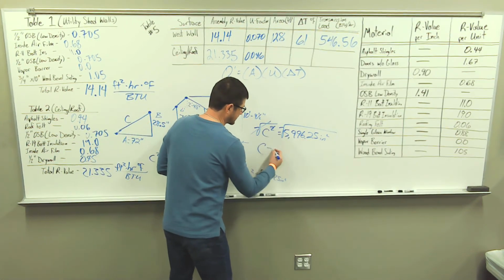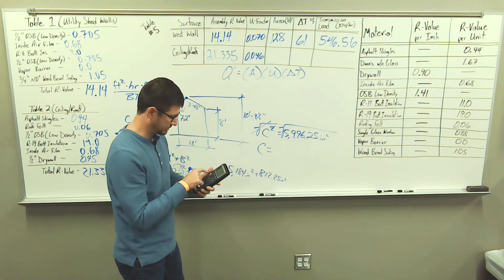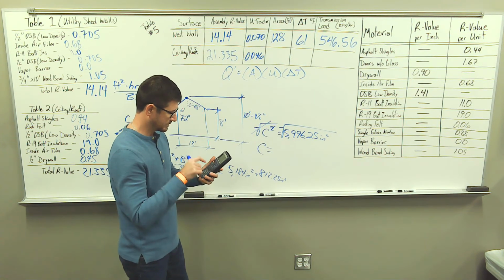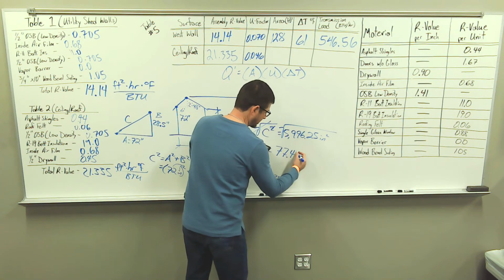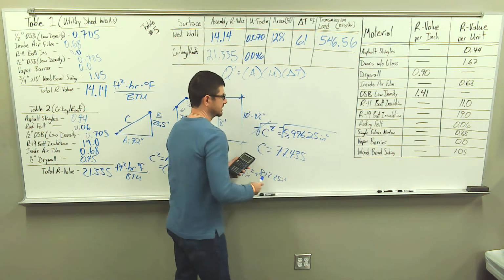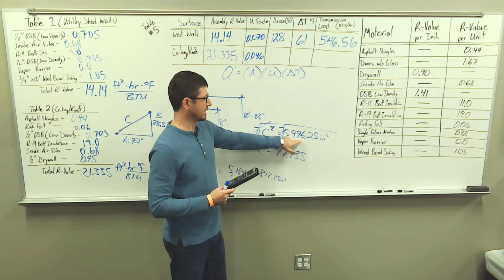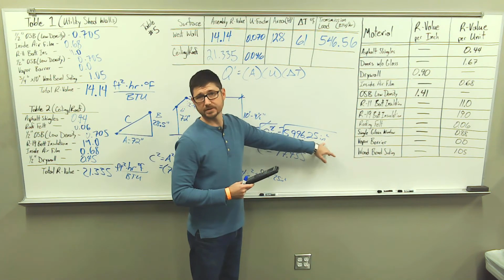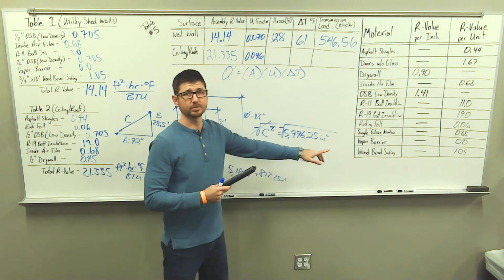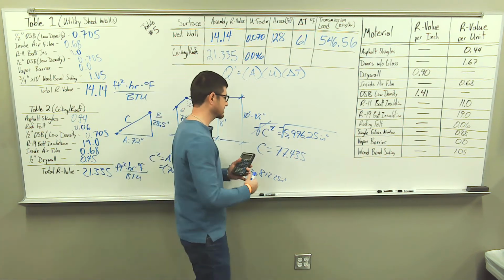So side length C is going to be the square root, 77.435. So not only are we taking the square root of the numerical value, but we're also taking the square root of the unit value. So the square root of inches squared is just inches.